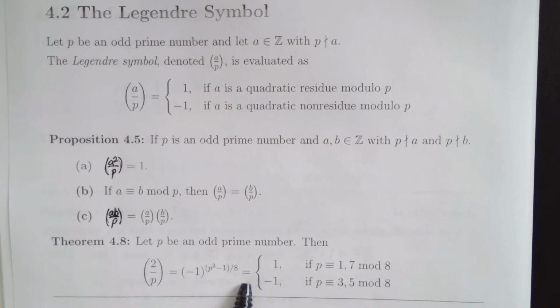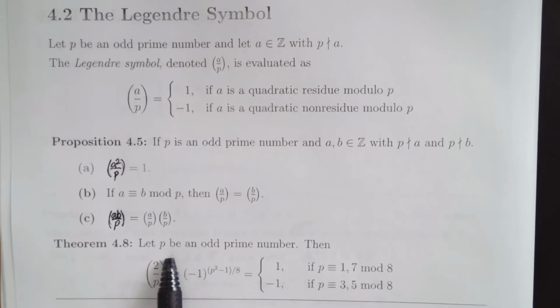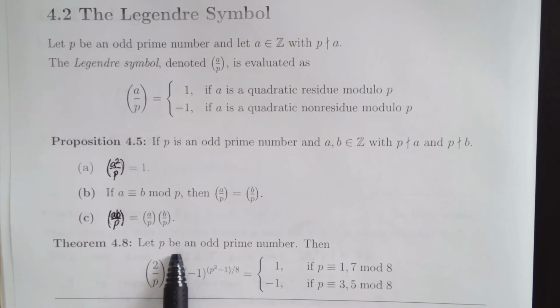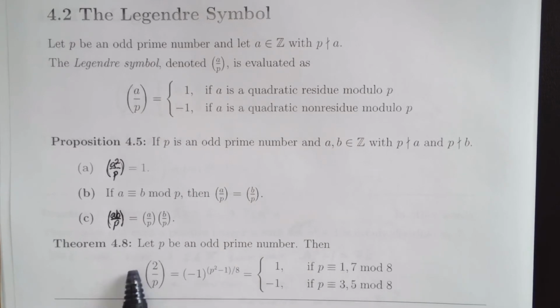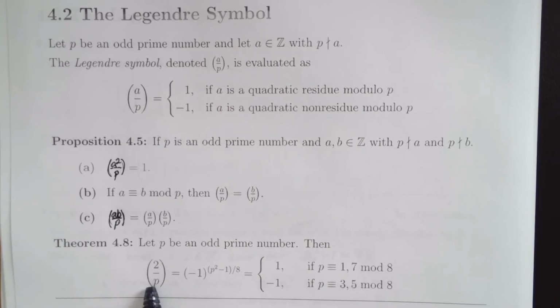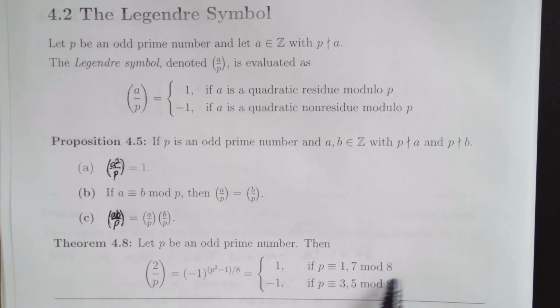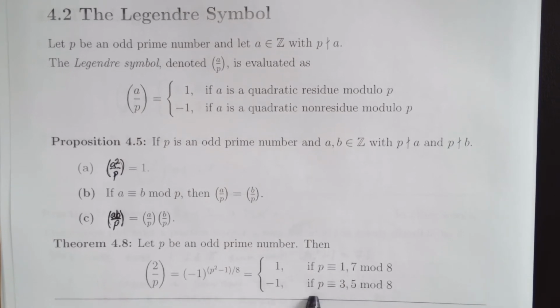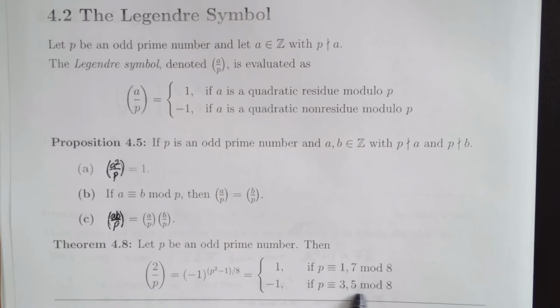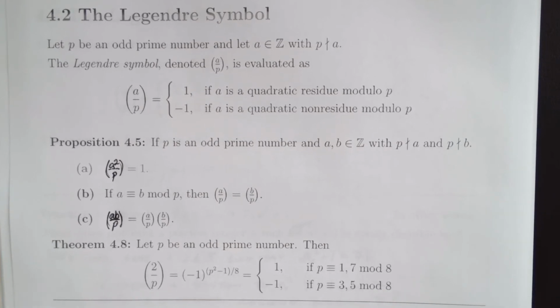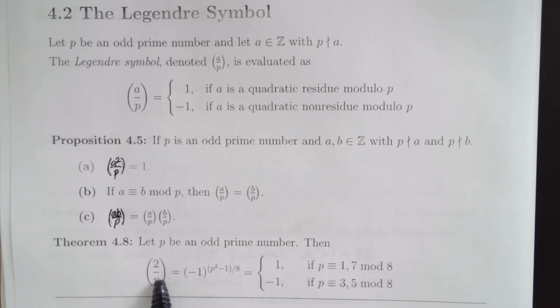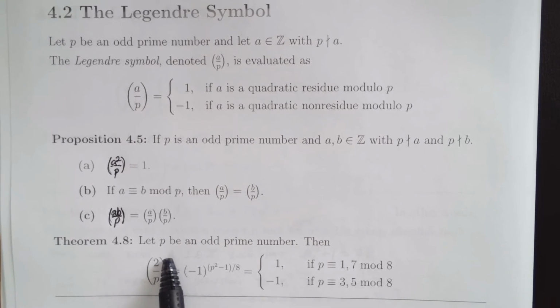Additionally, we have this theorem that says that if P is an odd prime number, then the Legendre symbol of 2 modulo P will equal 1 if P is congruent to 1 or 7 mod 8, and it will equal -1 if P is congruent to 3 or 5 modulo 8. As an example, if P were equal to 7, clearly 7 is 7 modulo 8, so 2 would be a quadratic residue modulo 7.